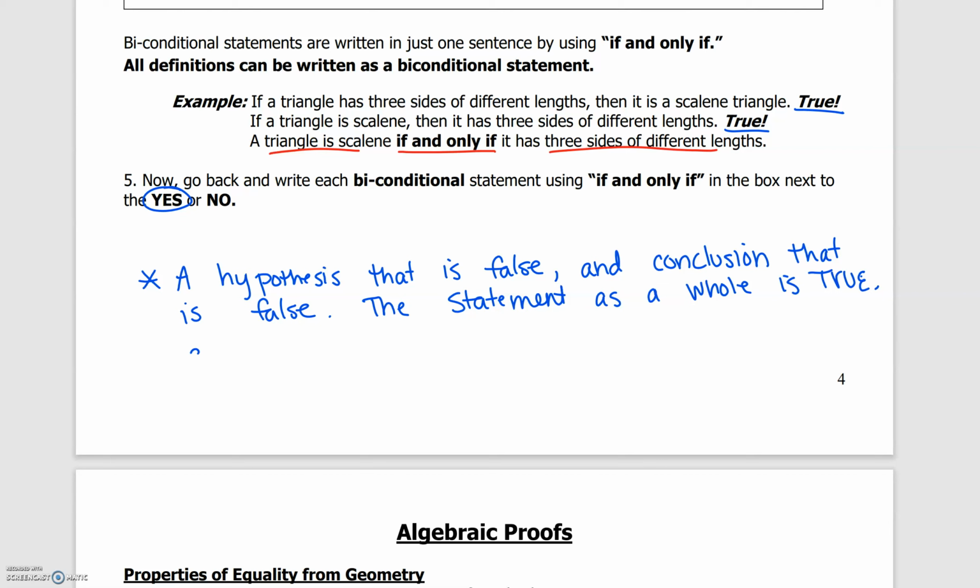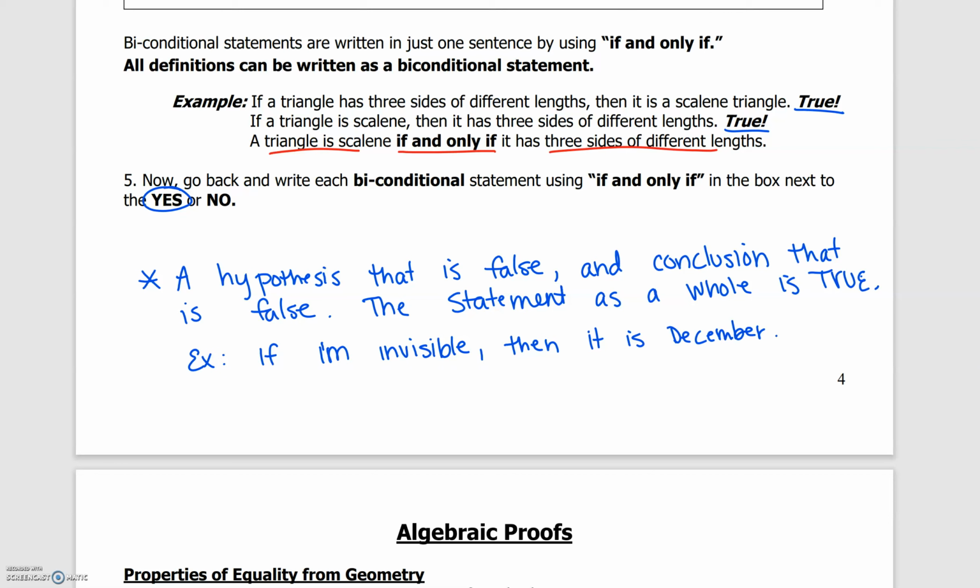So, for example, if I'm invisible, which most people know I'm not invisible, so that's false, comma, then it is December, and we know it's not December.